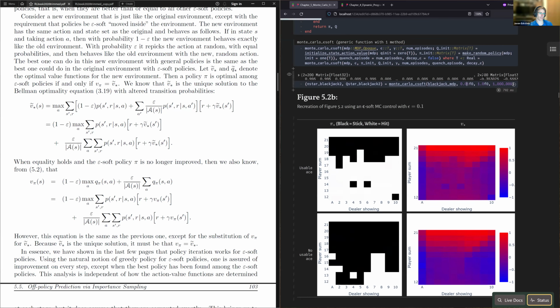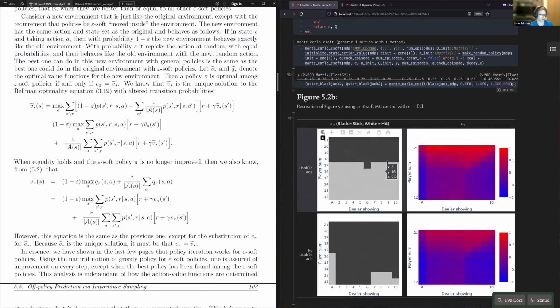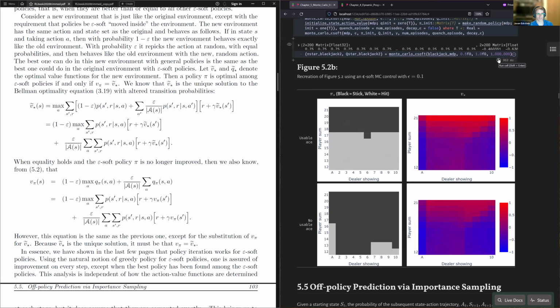Whereas if I make the epsilon really high, like 0.5, then we end up getting some of these estimates. Since there's only 2 actions, this means there's a 50% chance of taking a random action.